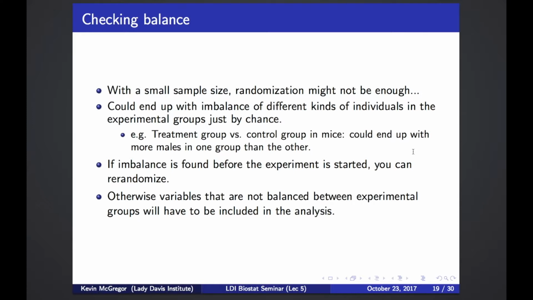If, after you've collected your data, you find that you do not have balance between your two experimental groups, then you will have to include that variable in your analysis. Even though you did randomization and technically that's supposed to take care of things, you're still going to have to do that adjustment.